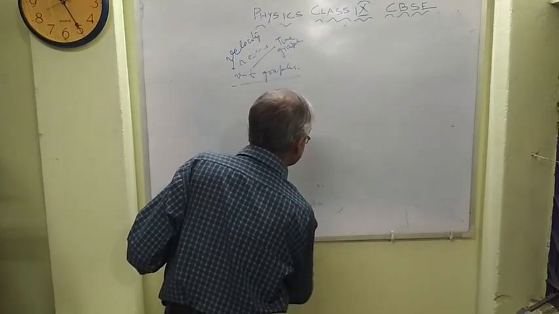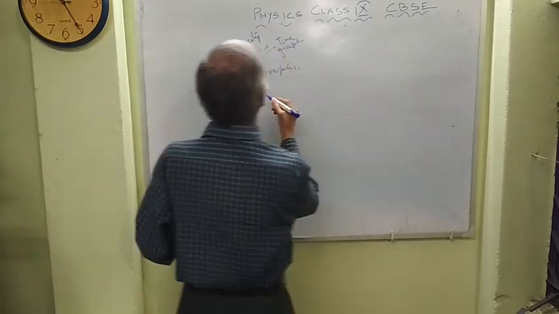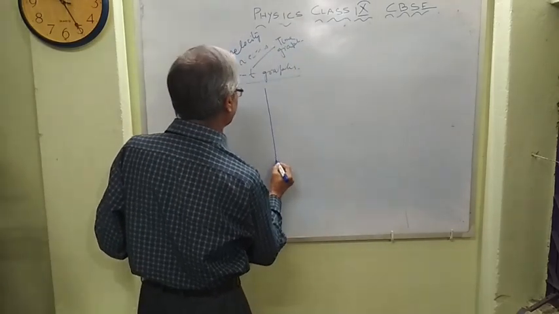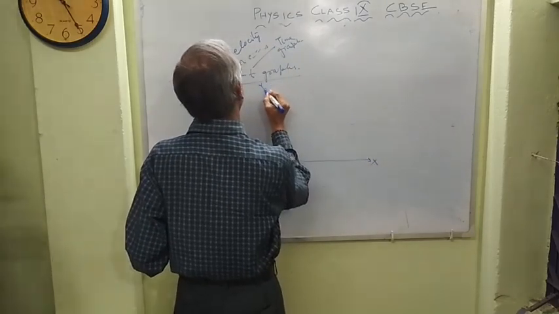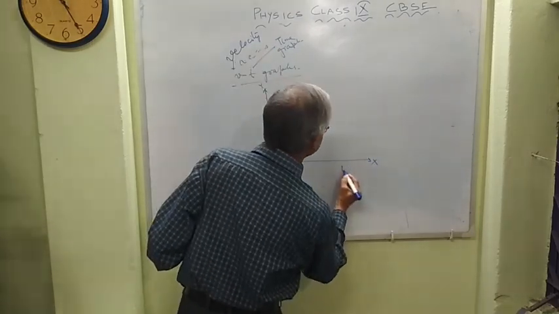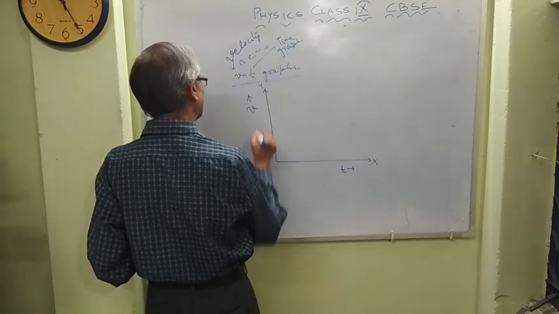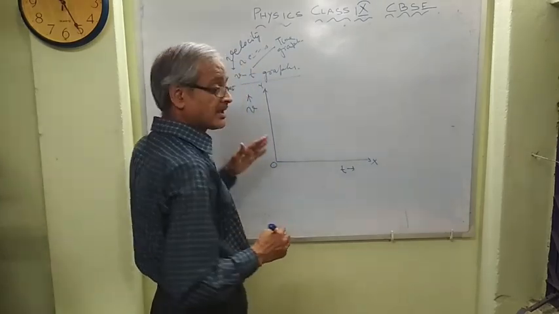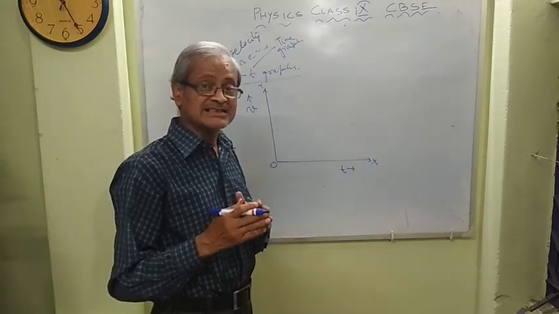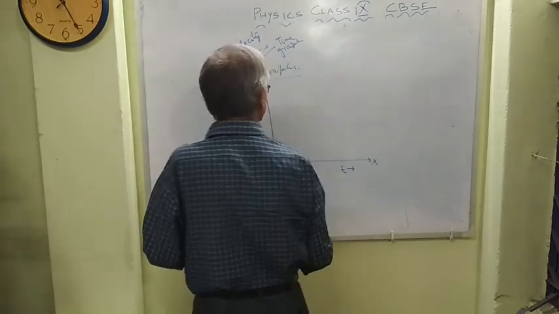For uniform acceleration, what will be the VT graph? Here, time is taken along x-axis and velocity is taken along y-axis. O is the origin. If the body has some initial velocity, then the graph will be of this type.